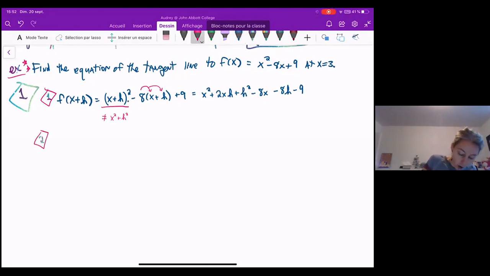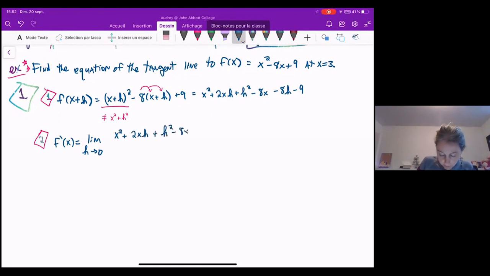So f prime of x, that's our derivative notation, f prime of x is equal to the limit as h approaches 0 of f of x plus h, so that's that thing that we found in step one. So x squared plus 2xh plus h squared minus 8x minus 8h minus 9 minus f of x.